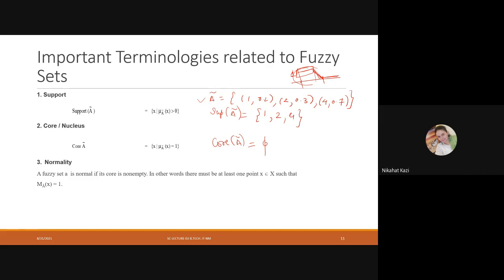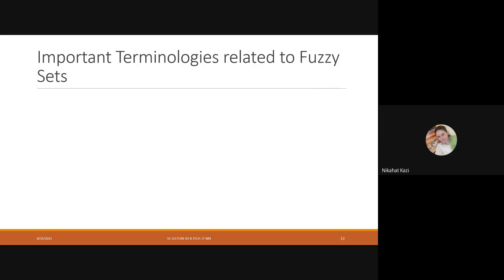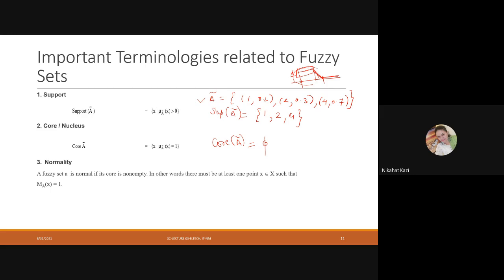For the fuzzy set A, the highest membership value is 0.7. That means the core is an empty set, and since the core is empty, it is a subnormal fuzzy set. So normality means if the fuzzy set has highest membership 1, then it is a normal fuzzy set. Otherwise, it is subnormal. Are you getting it? Yes, ma'am.